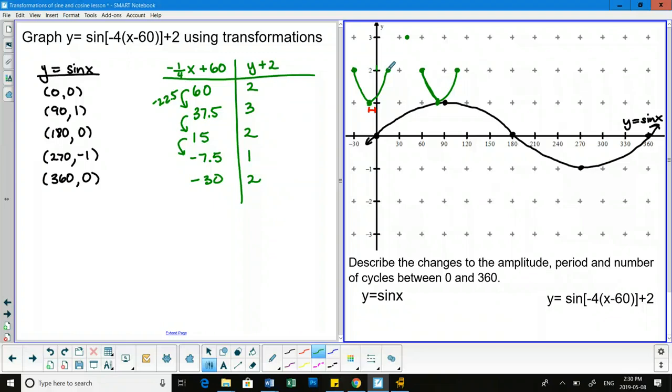Okay, and then where does the next one go? The next one goes just past the next tick. So up at 3, I'm going just past the next little tick and extending my cycle. And when I finish this cycle, it's right directly on the next point, right directly on the point 150.